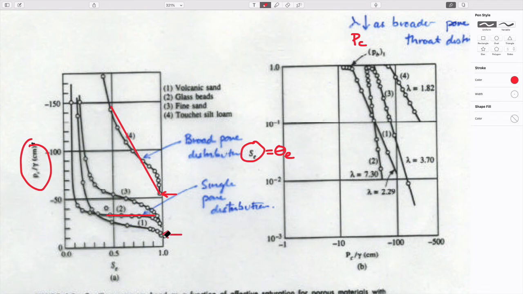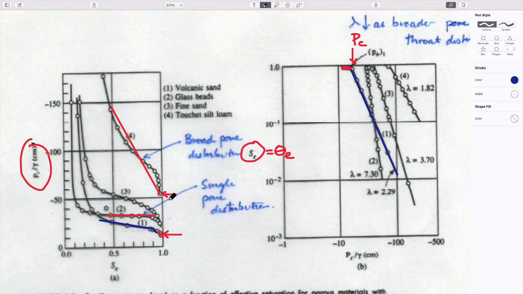The one that has the earliest entry would be this one. You see this initial tail on it, which isn't a straight line. But the remainder of the curve, this part here, would correspond to everything after that.